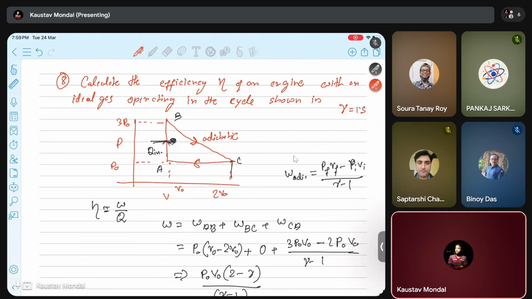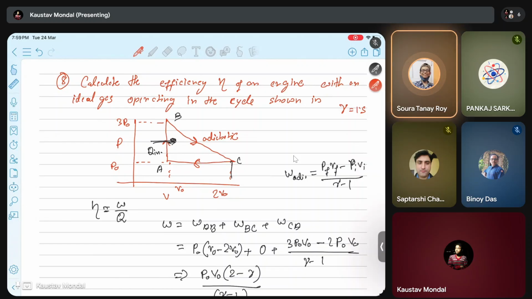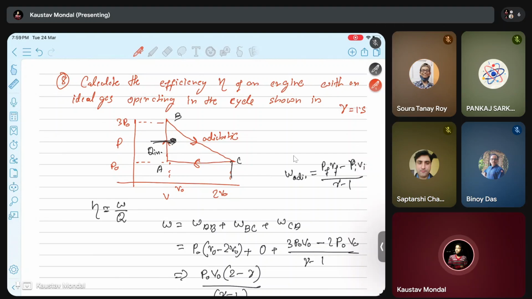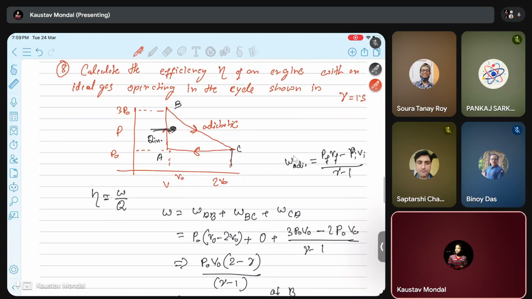For each of the processes, you can calculate its corresponding work done. From there, you can calculate the total work done by adding the work done for all processes. Yes, if it was a TS graph, then we would have to take the area under the curve. It should be a cyclic process. Okay. Area under the whole closed curve. Yes.